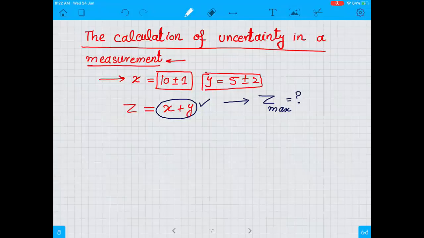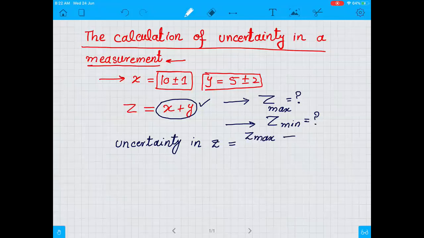Then you need to calculate the minimum possible value of z, and then the uncertainty in z will be equal to z maximum minus z minimum, whole over 2. Now let's solve this question with this example.